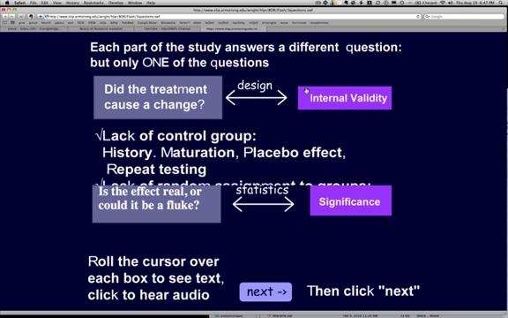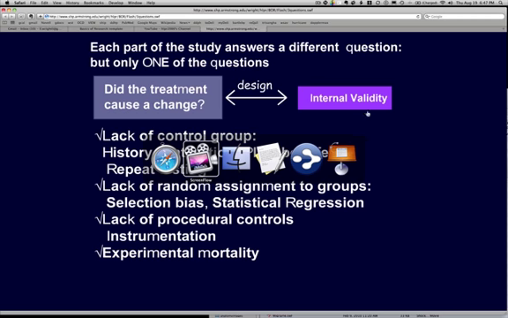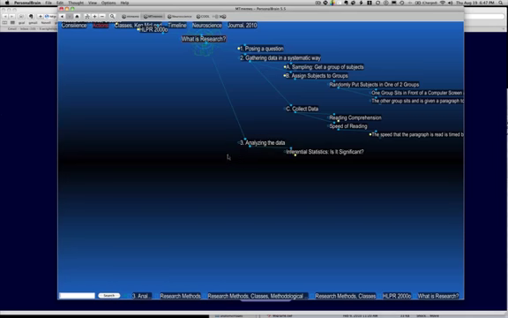Now let's move over to the other screen. And I'm going to show you an example here of what is research. We pose the question, we gather data in a systematic way, we get our sample, assign our subjects to groups, and collect our data.